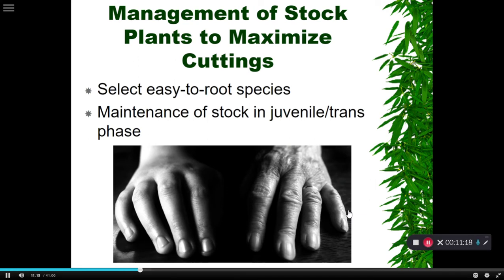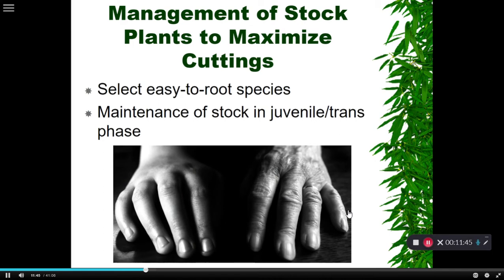So this is part of the key to maximizing the production of cuttings and the speed and ease of rooting in those cuttings. So again, the difference in chronological age versus physiological age.